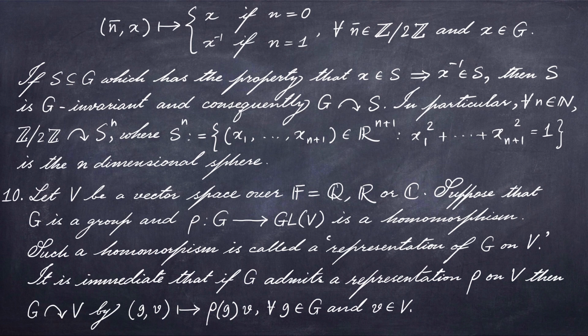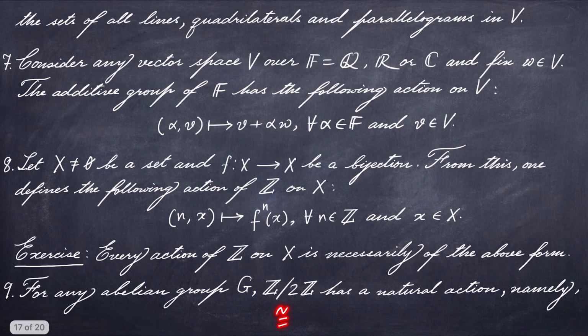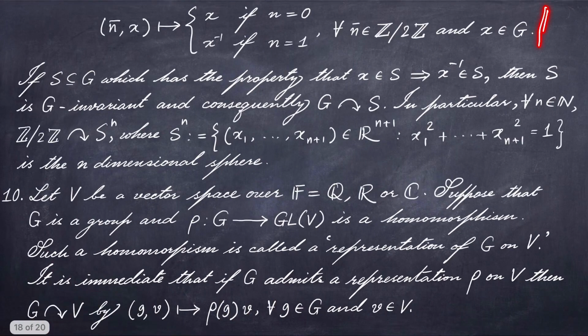The better way to see this is that we regard Z modulo 2Z as this multiplicative group. Thus 1 sends each x to x itself, and minus 1 sends any x to minus x, to x inverse. Okay. In fact, if we view this as plus minus 1 acting on x, then this action becomes easier to see.